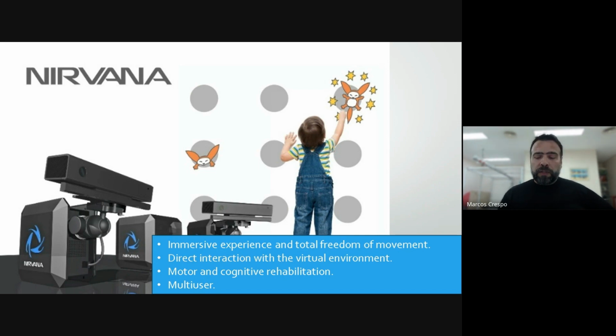Another very important characteristic is the possibility to work with multiple users. This allows us to get more motivation by working in groups of patients. In terms of productivity it is also very important.